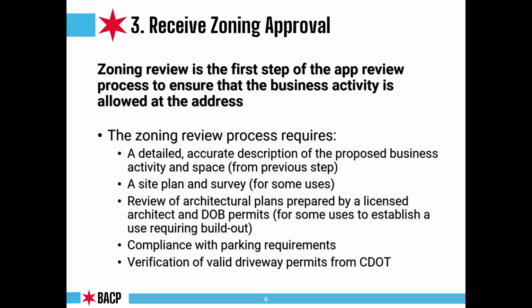detailed description of the activity that you're engaging in and also the space, right? So again, how much does the space measure? And again, the reason we want a detailed description is, for example, if you mention that you plan on operating a restaurant that offers dining, where individuals can sit down and eat.